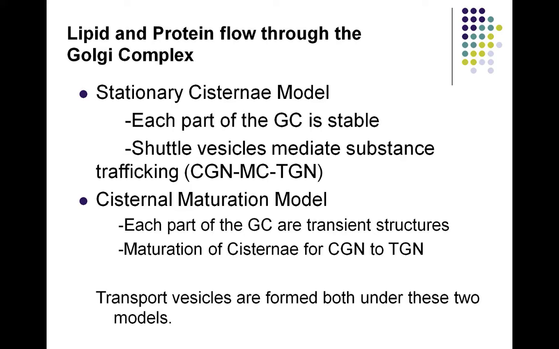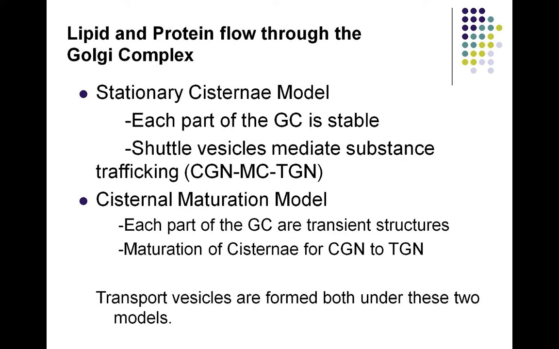Now, the second hypothesis on how molecules are trafficked and flow from one region of the Golgi to the other, from one end to the other, is the cisternal maturation model, which states that each region of the Golgi is actually transient.